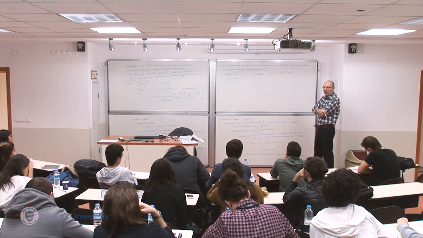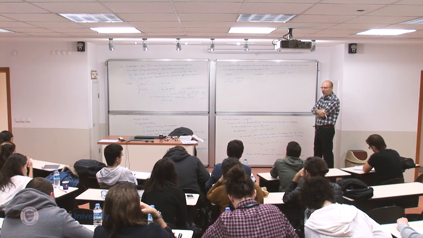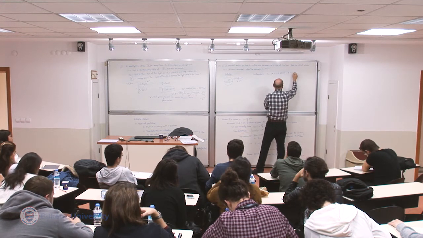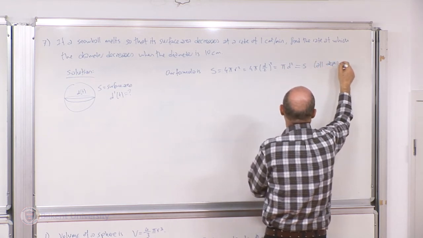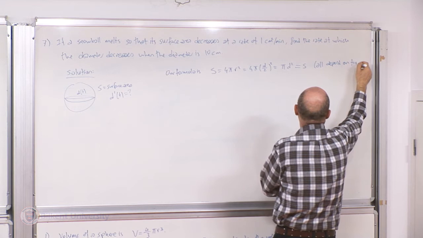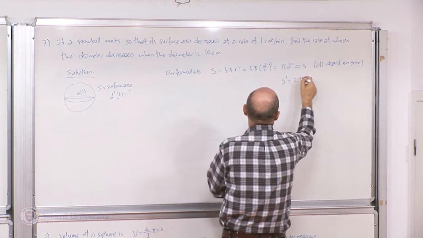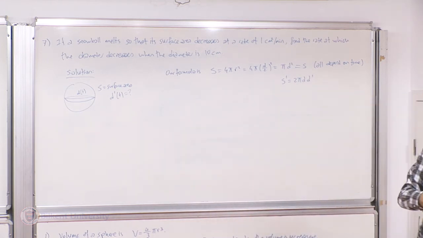Before doing anything else, let's take the derivative. Remember that this is calculus, so we take the derivative and then we start thinking. S and d all depend on time. So S prime is equal to 2 pi d d prime.